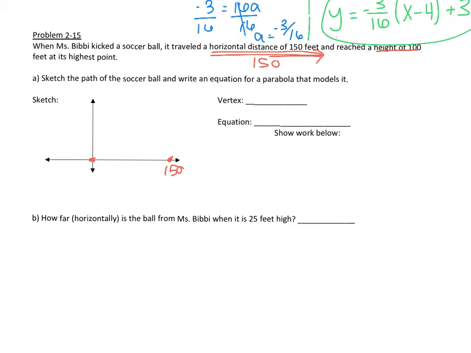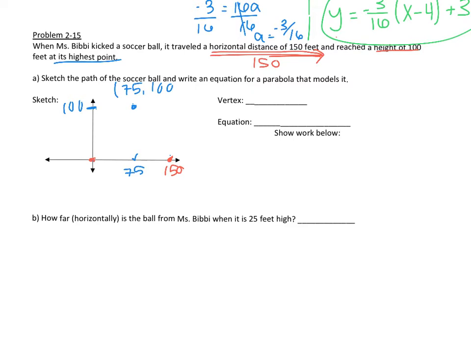So the path of this ball, it said it reached a height of 100. So we'll put 100 here, and we know the vertex is going to be right there in between 0 and 150, which is 75 feet, and then we were told it was at its highest point of 100. So that makes the vertex 75, 100.